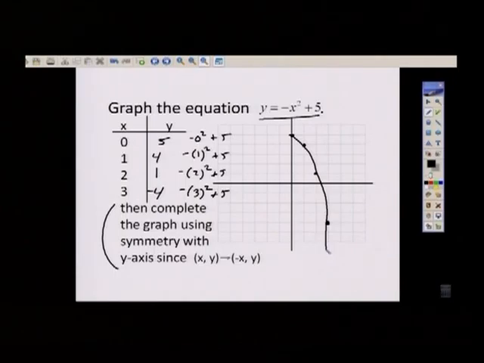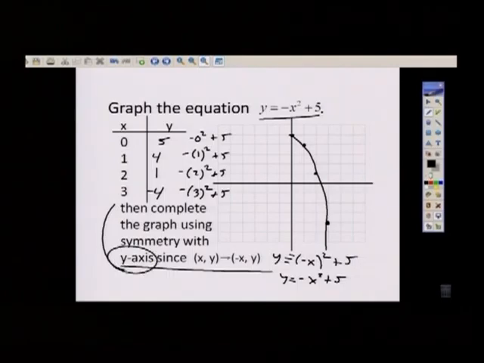Now, if we look at the equation, if I substitute a negative x in for the x value, I do still get the same equation. So it is symmetric with the y-axis.